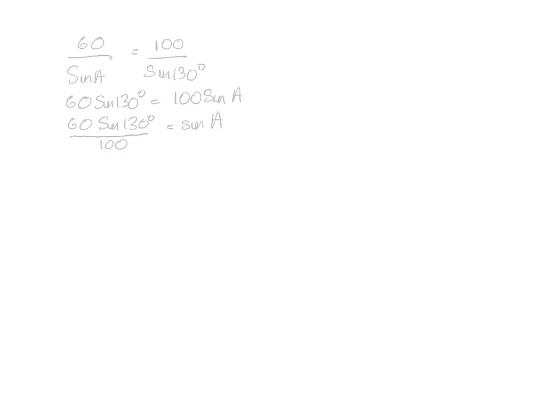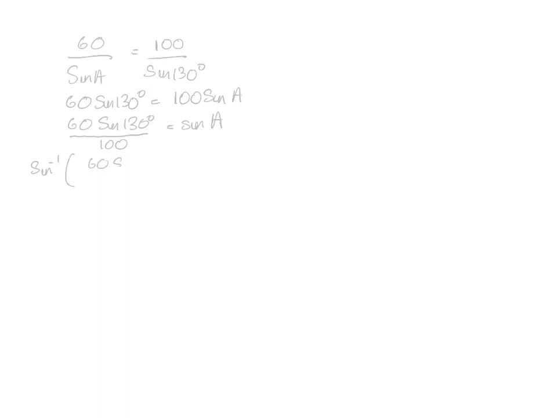So we have 60 over sine of A is equal to 100 over sine of 130 degrees. We cross multiply and we get 60 times sine of 130 degrees is equal to 100 sine of A. We want to get sine of A by itself, so we divide 60 sine of 130 degrees by 100 equals sine of A. And to get the A by itself, it's inverse sine.